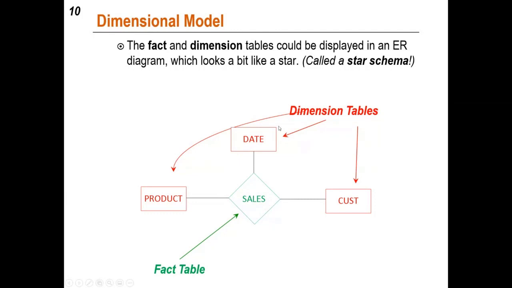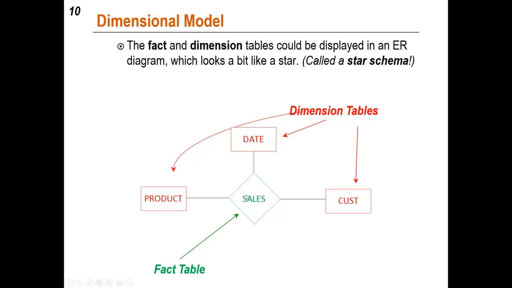And then we have the date dimension. Usually in the data warehouse, we create a separate table for the date, because the date can be sliced into different categories, right? We can have months, weeks, hours, seconds, etc. We can slice it into smaller units.